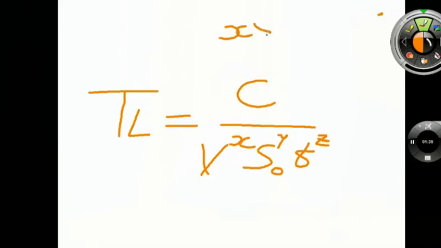So generally x will always be greater than y, which will always be greater than z. The effect of cutting velocity is maximum, then the feed, and then the effect of depth of cut on tool life.